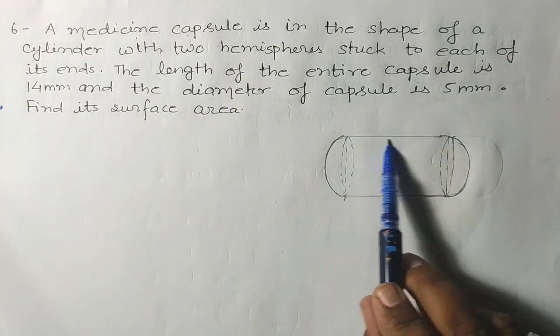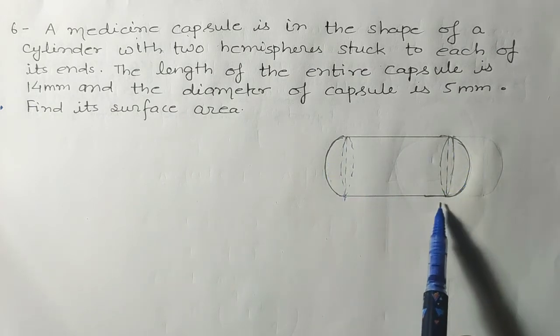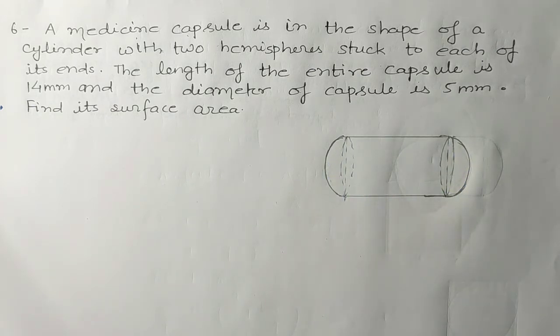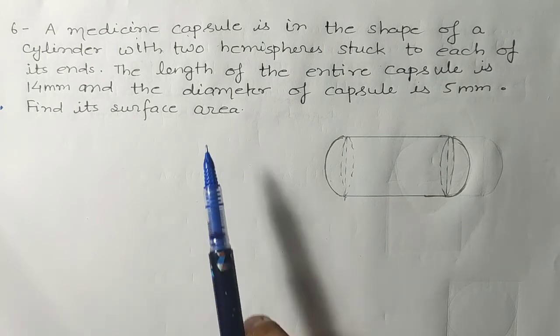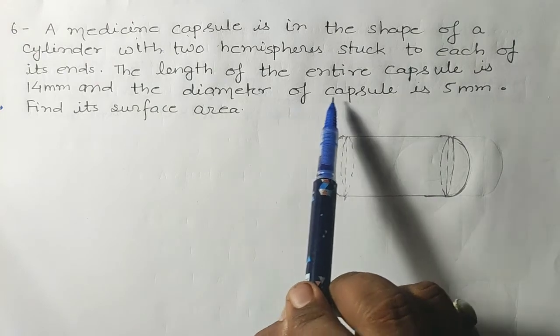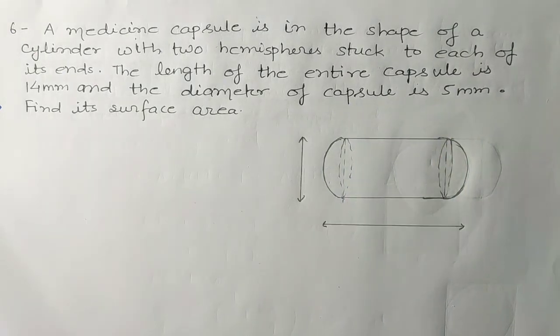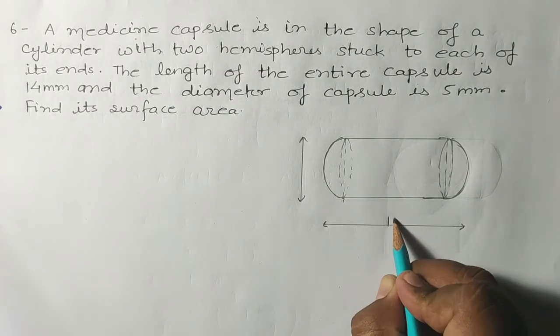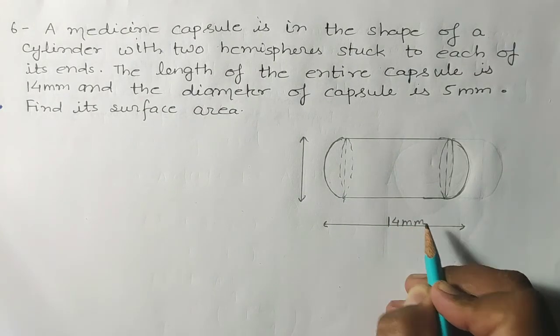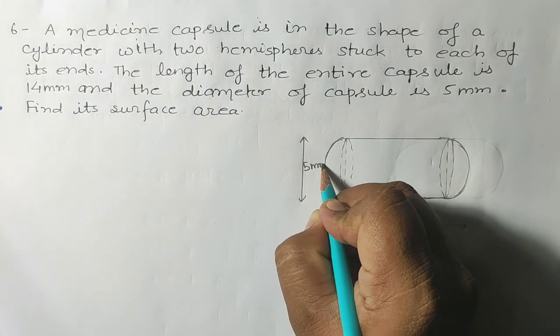The mid portion is in cylindrical form, but at the ends, hemispherical portions are stuck. The length of the entire capsule is 14 millimeter and the diameter of the capsule is 5 millimeter.